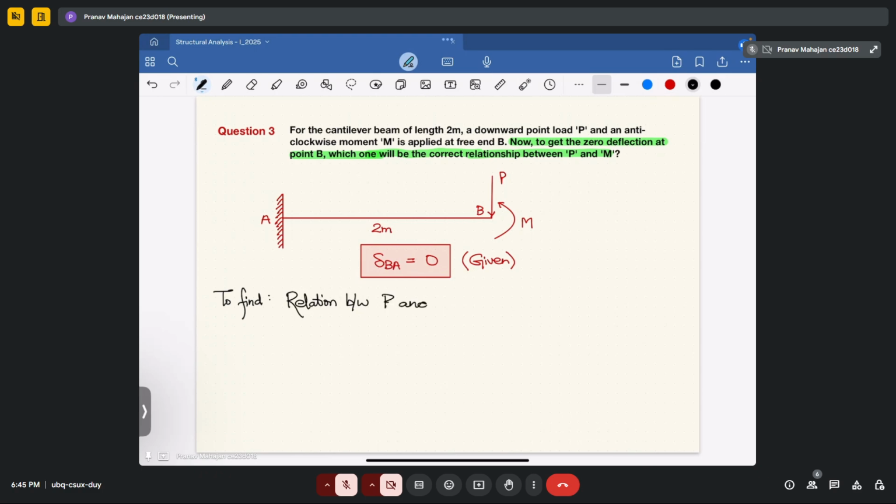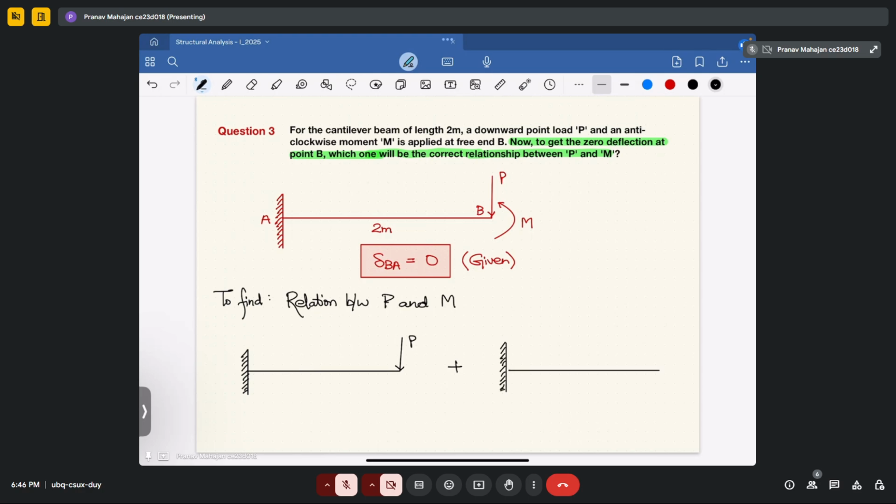P and M. So if we see from here, we can divide this whole beam into two parts. Whatever deflection we are getting through a point load plus whatever deflection we are getting due to moment alone.